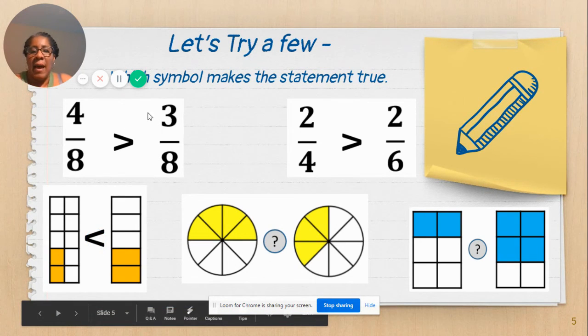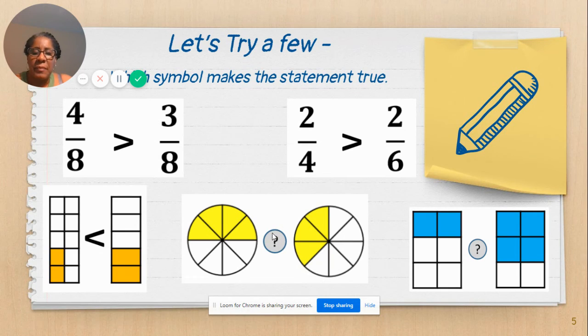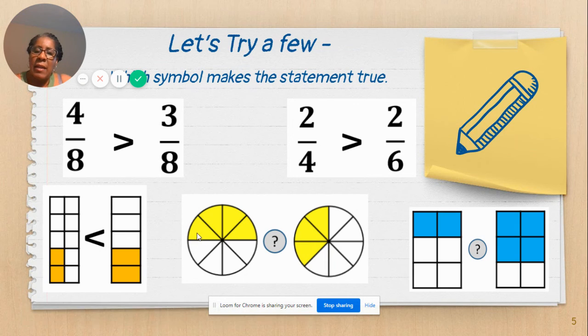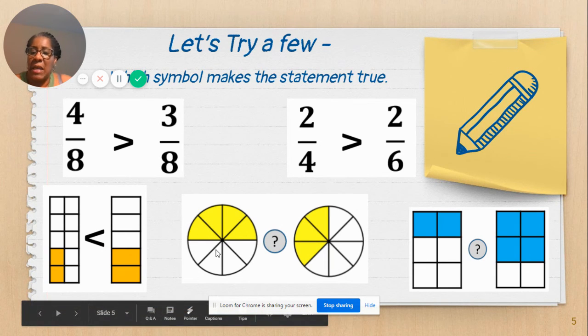Okay, moving right along. Here we have, let's count to see what our denominator is. We have 1, 2, 3, 4, 5, 6, 7, 8 equal parts. Now, as I look here, I could say half of my fraction is shaded. I can also say that 1, 2, 3, 4/8 is shaded.